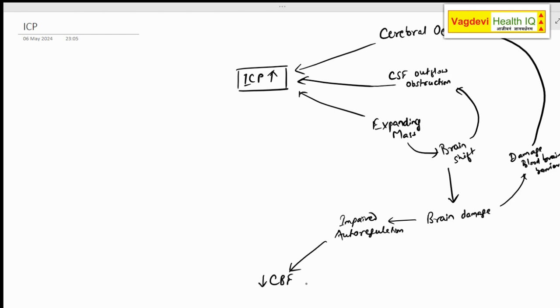It will reduce. And it can cause, flow is reduced, that means there is a chance of hypoxic brain injury. So we'll write it here, brain tissue hypoxia. Cool. Brain tissue hypoxia can also result in ischemic changes, that could be the brain damage, right?